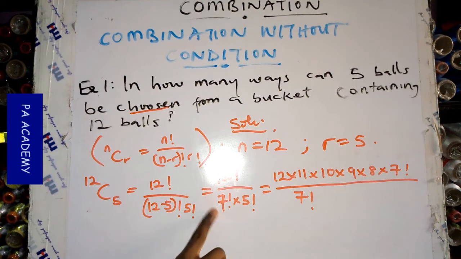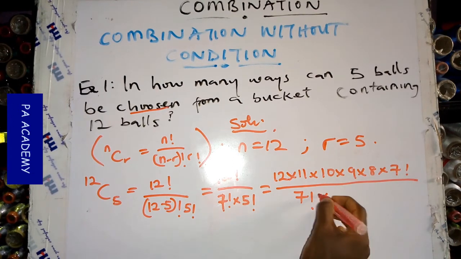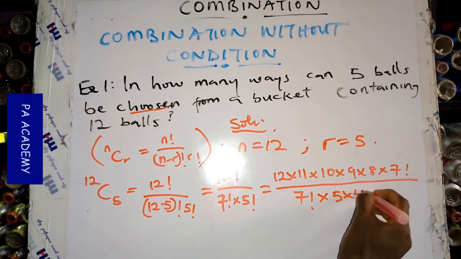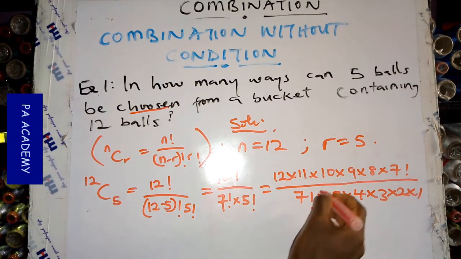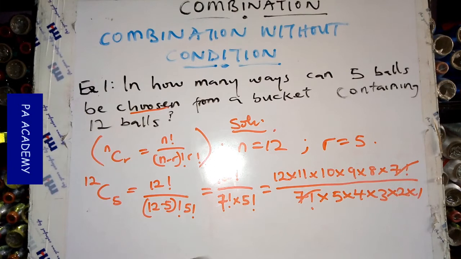So back to the denominator, 7 factorial times 5 times 4 times 3 times 2 times 1. Let's simplify this, so this can cancel this. Now let's find the value of the numerator. If you press your calculator, look for the value of 12 times 11 times 10 times 9 times 8.